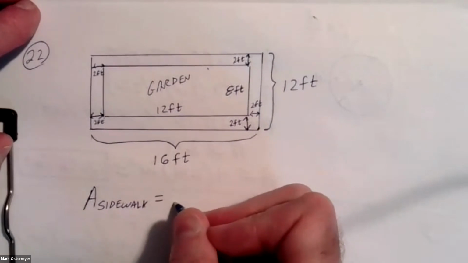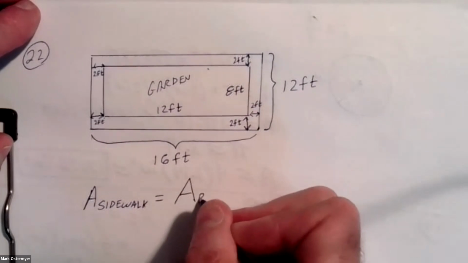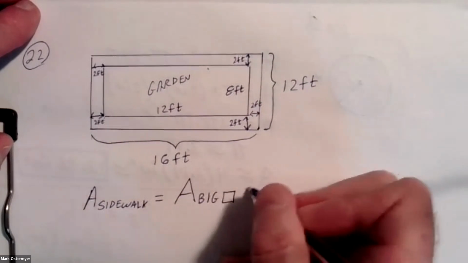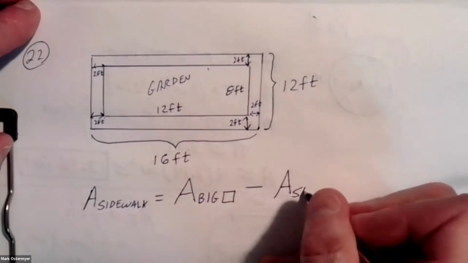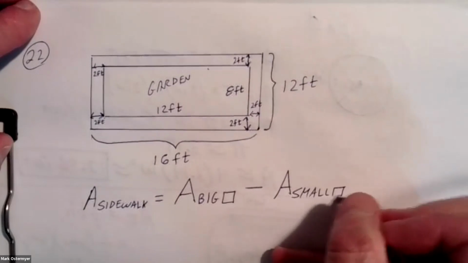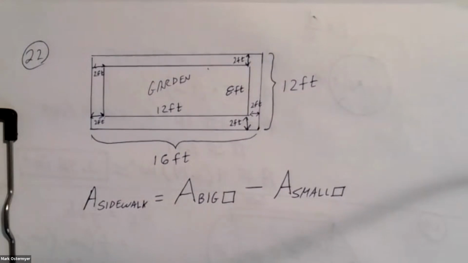Now, here's how we're going to find the area of the sidewalk. Do you agree, ladies and gentlemen, if I take the area of the big rectangle and subtract off the area of the small rectangle, which is the garden, that would leave me with the area of the surrounding sidewalk?